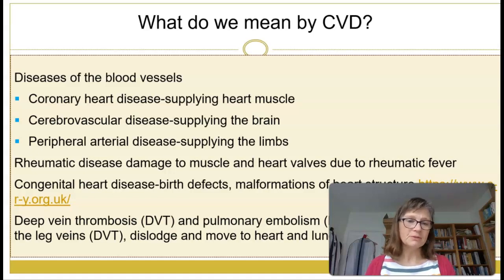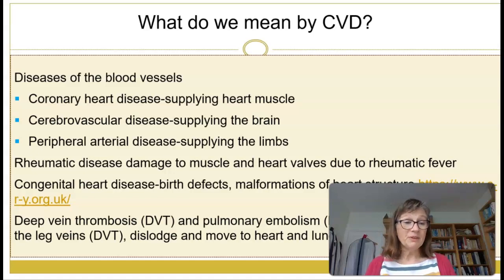Some of them are diagnosed even before children are born, and some of these are the causes of sudden death in younger adults. So I've given you the link there to CRY, which is an organisation that supports people affected by cardiac disease in young people.